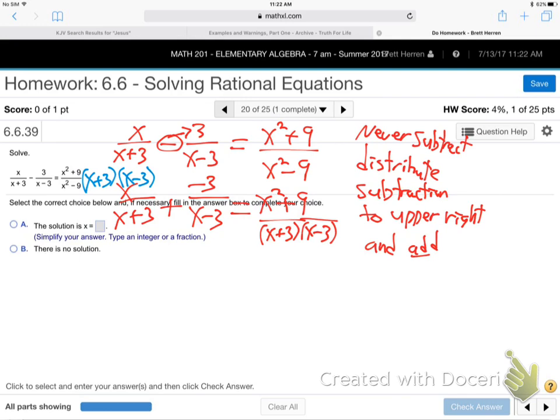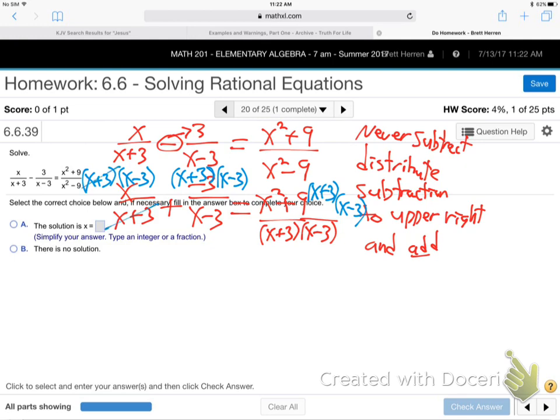Kind of running out of room here. x plus 3, x minus 3. Is that good? So you put the whole common denominator on top, not just the missing part, and then cancel out.